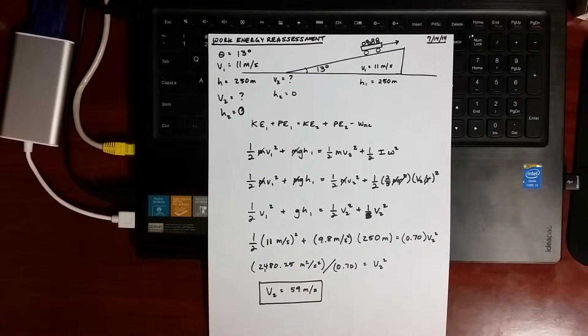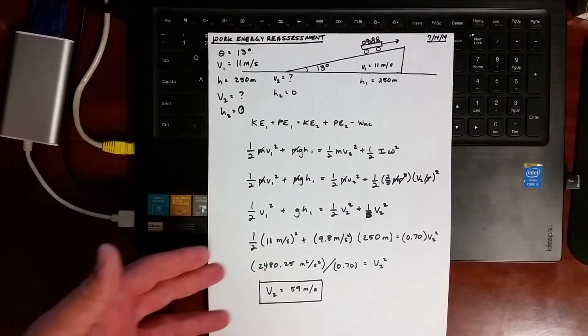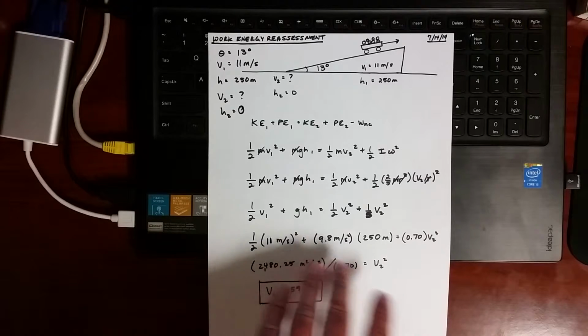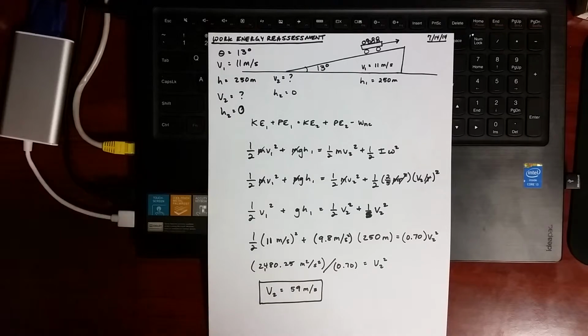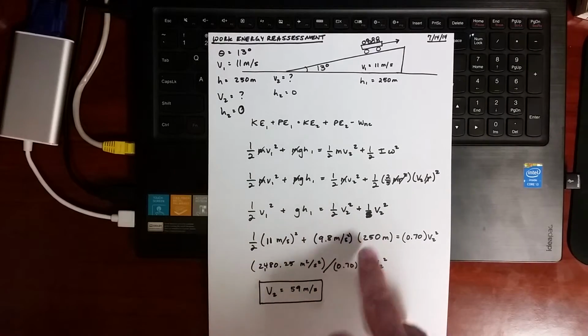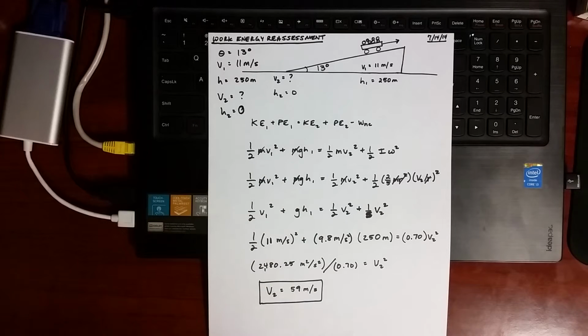I know it's a little hard to see, but it's 1/5 v_final². So you get 1/2 times 11 meters per second squared plus 9.8 meters per second squared, which is gravity, times the height of 250 meters, which equals 1/2 plus 1/5 times v_final². That's 0.5 plus 0.2, which gives you 0.7 times the final velocity squared.